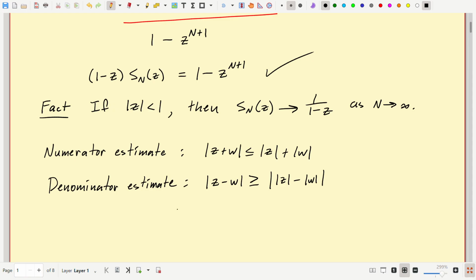And you can also, let's see, if I replace w by minus w in this thing, then I get the modulus of z plus w is also greater than or equal to the absolute value of the modulus of z minus the modulus of w. And you see that just by replacing w by minus w in the first one.